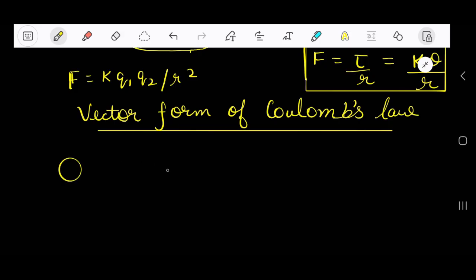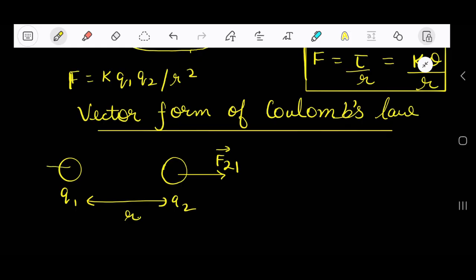If we take the two charged bodies, let it be Q1 and Q2, and the distance between them is R. This force is, as we have said, a central force, that is, it acts along the line joining the two charges. On body 2 the force will be F21, force on 2 due to 1, while on the first body it will be F12.